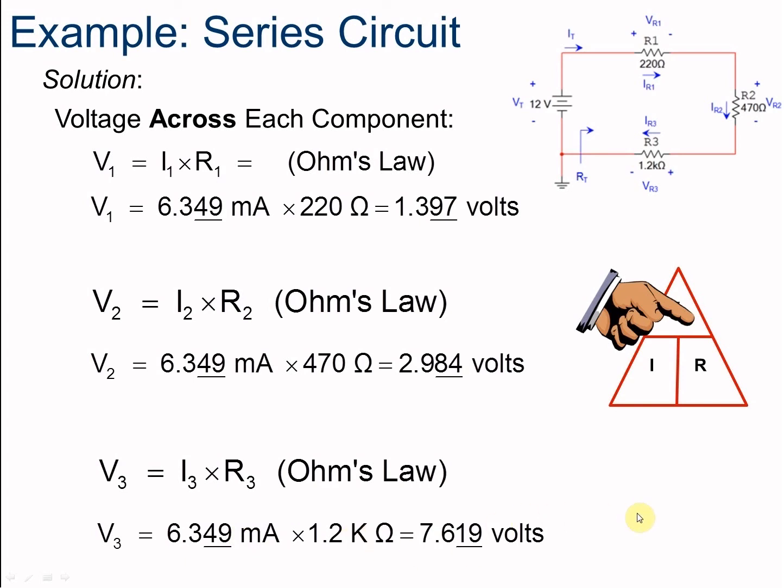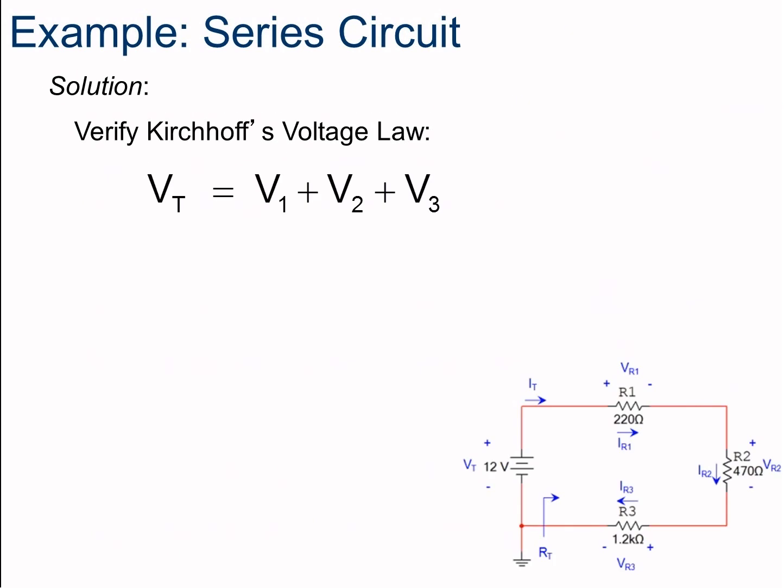Okay, so does this verify Kirchhoff's law though? That's what you're wondering. This whole time you've been on the edge of your seat wondering, is this going to verify Kirchhoff's law? Let's find out. If we take all three of those voltage drops, add them together, do we get the total voltage? Do we get 12 volts?